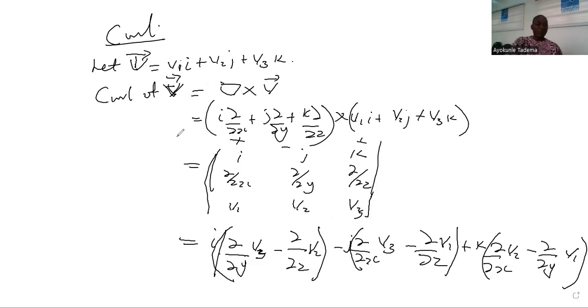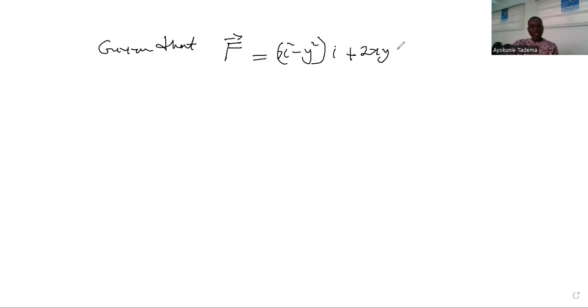Now, let's look at one example under this. Example, given that vector f is given by (x squared minus y squared) i plus 2xy j plus (y squared minus xy) k.